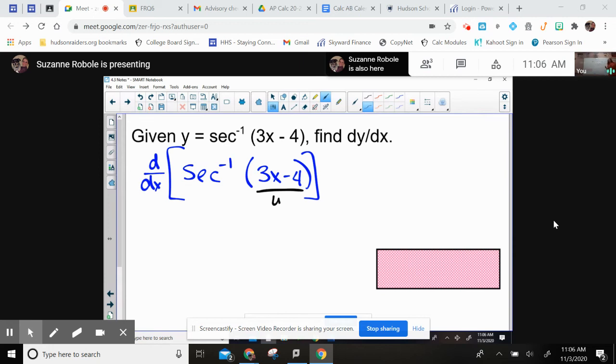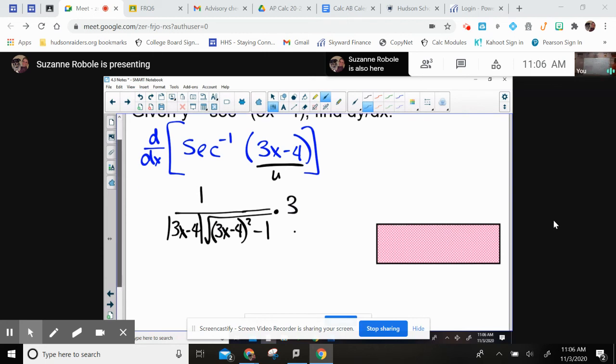It's not a co-function, so it is just going to be 1 over absolute value of u, square root of u squared minus 1. That's all in the denominator. Then we multiply by the derivative of u, which is that.